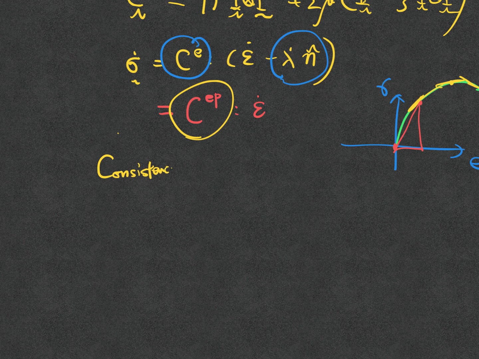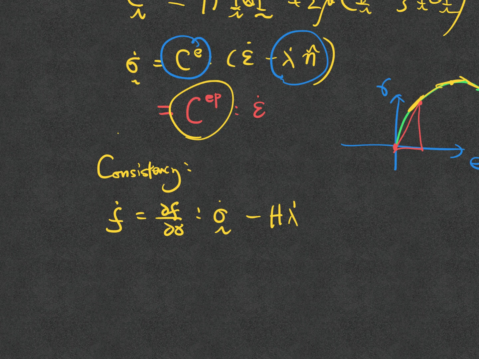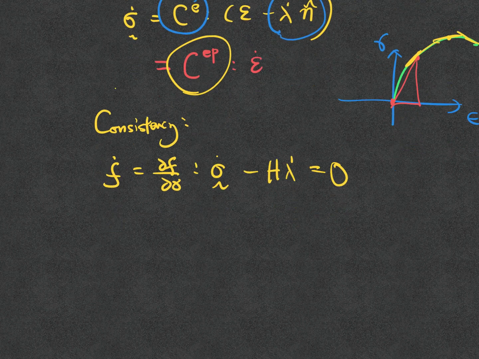So the consistency in this case will require F dot equal to the stress gradient double dot sigma dot minus h lambda dot equal to 0, like what we talked about before.